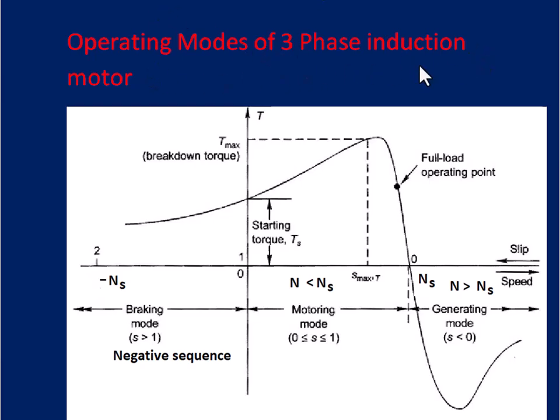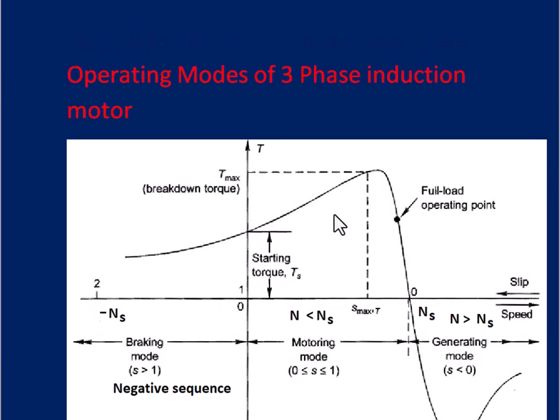Operating modes of three-phase induction motor. So this is the torque versus speed, torque versus slip characteristic. And here, from here to here, the speed is 0 to synchronous speed, that is n is maximum ns, or it should be operated between 0 and less than ns.